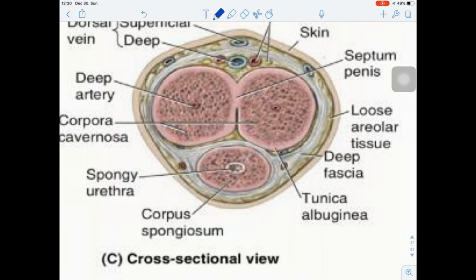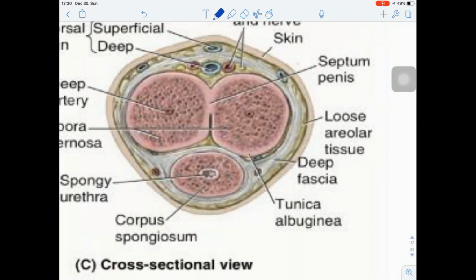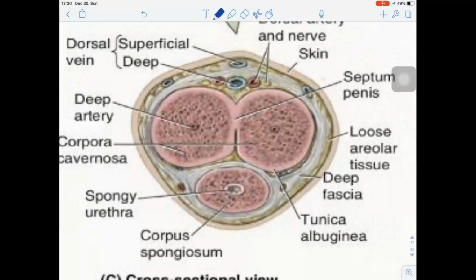In the non-erect phase of the penis, there are some vessels arising from the deep artery that are coiled. These are called helicine arteries. Helicine arteries are under control of the parasympathetic nerves.